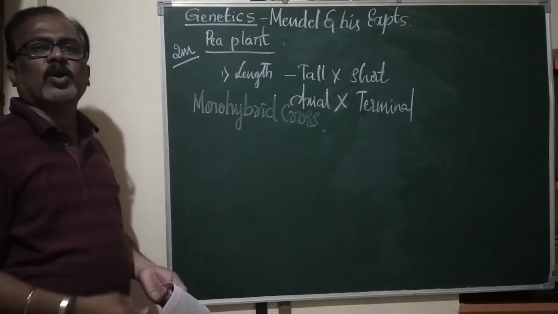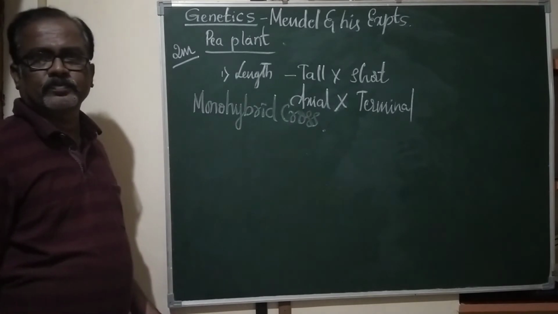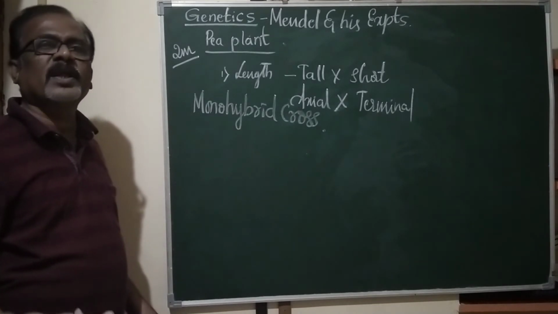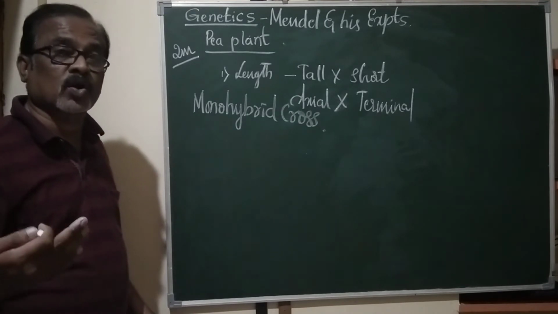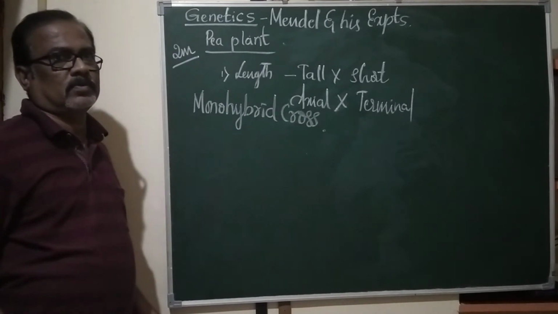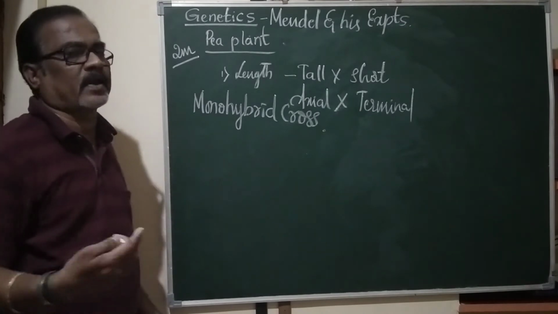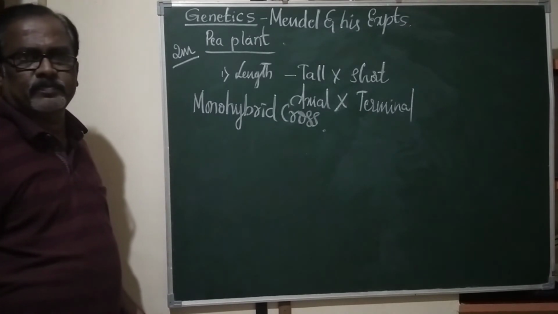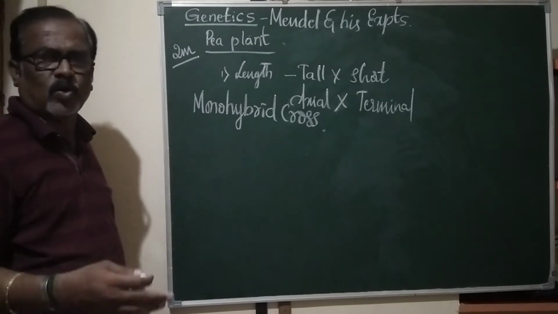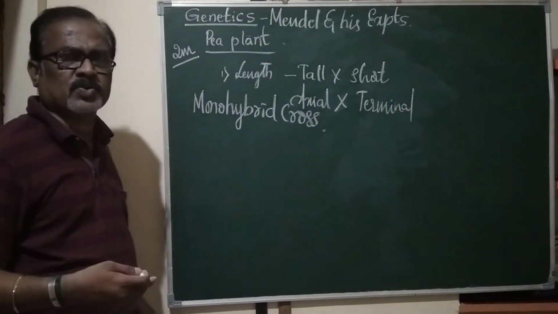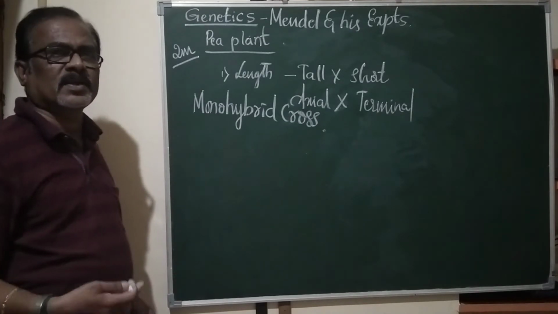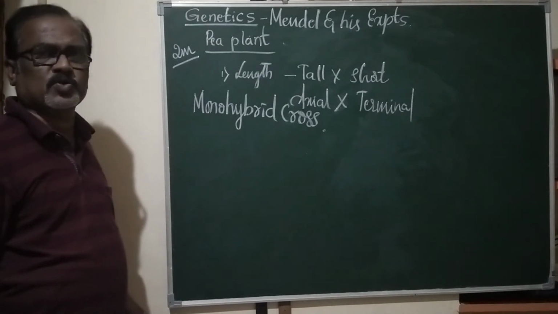So what is monohybrid cross? The cross which involves only one pair of contrasting characters or 2 alleles of a character is called monohybrid cross.